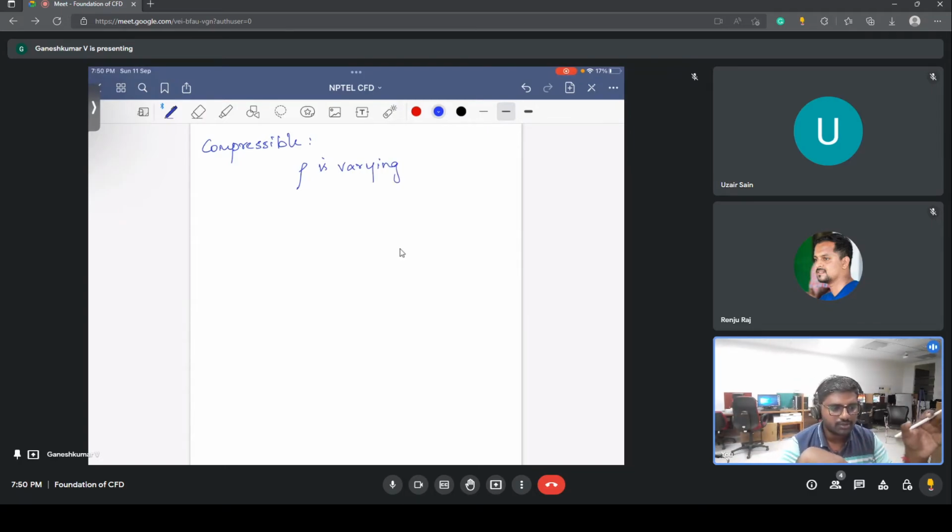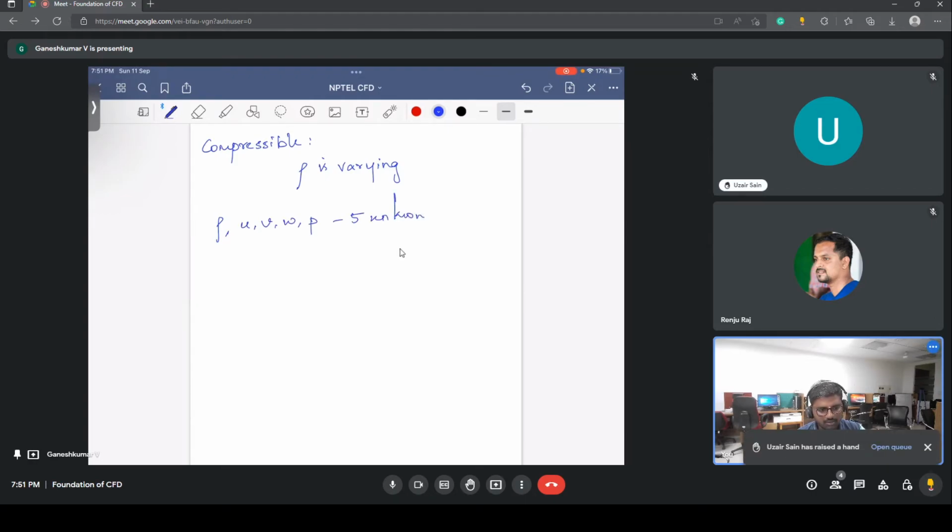That's why it comes out as a constant in our equations, right? Here density is varying, and since density is varying, you can't solve with just continuity and momentum, because the unknowns become rho, u, v, w, and p. We have five unknowns, but we have only four equations.